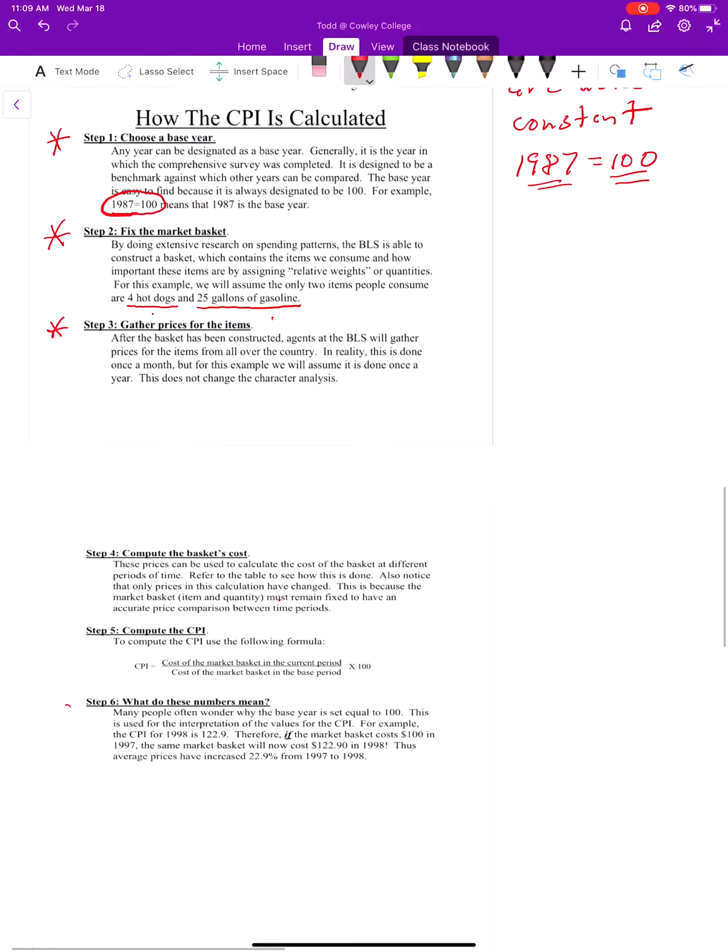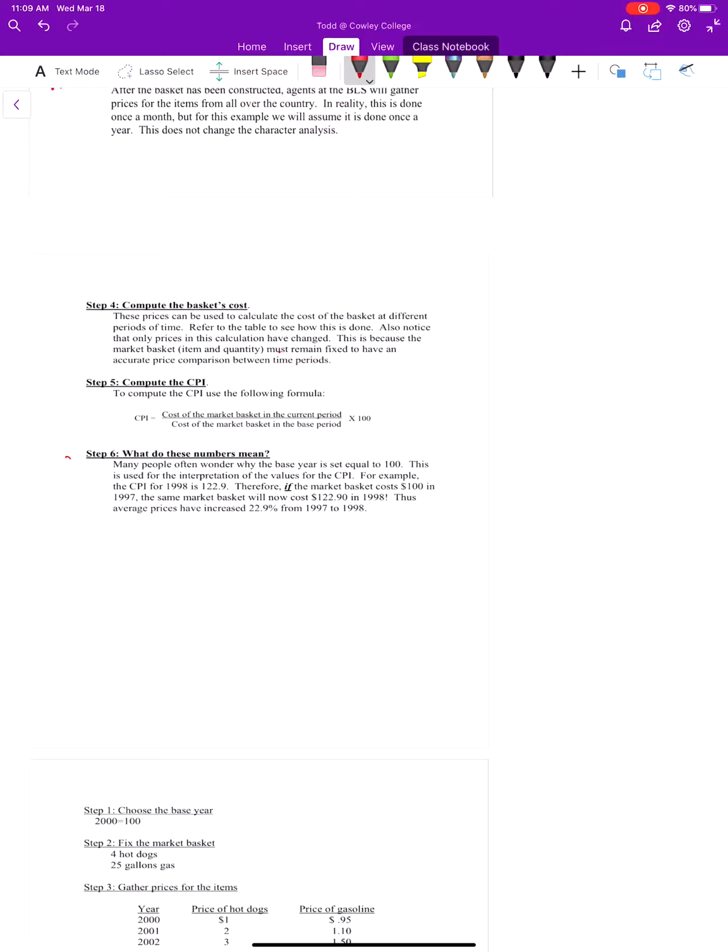All right, the next thing you want to do is step number 4, and that's to compute the cost of the market basket. So that is taking the price of the good times the quantity of the good and then adding it all up, and that's going to give you the cost of that market basket.